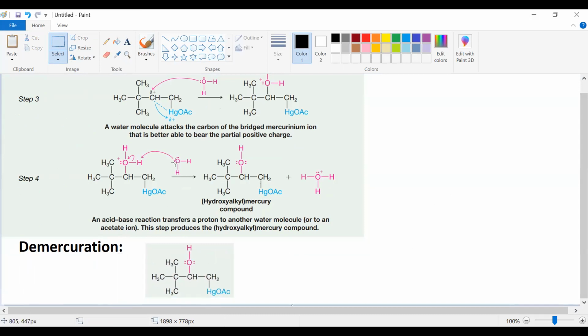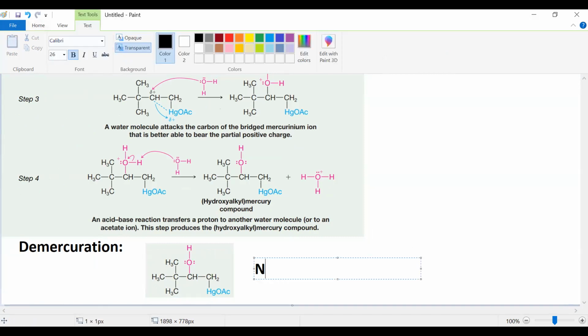In the presence of sodium borohydride and OH.